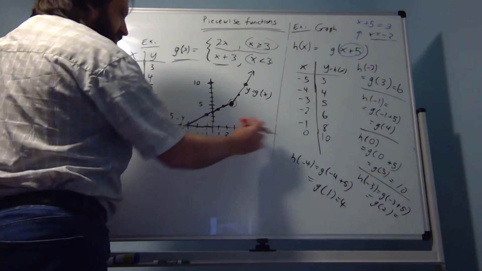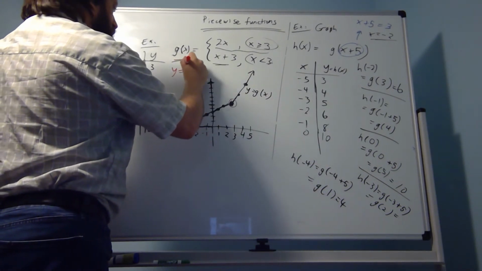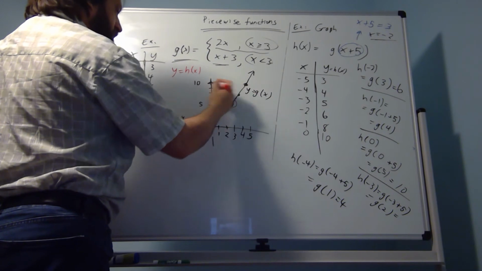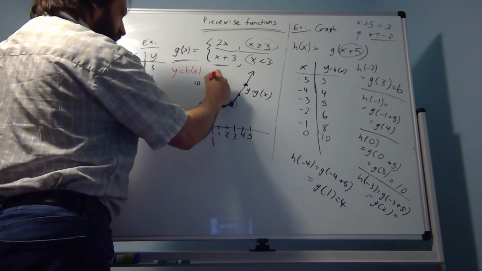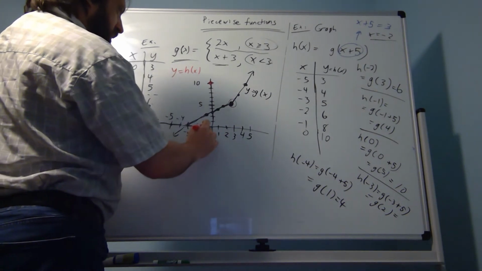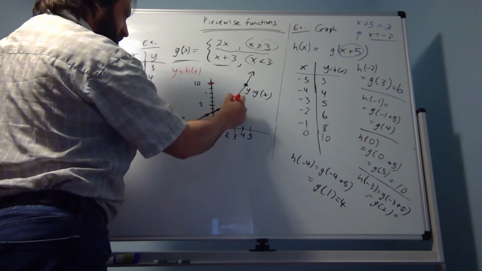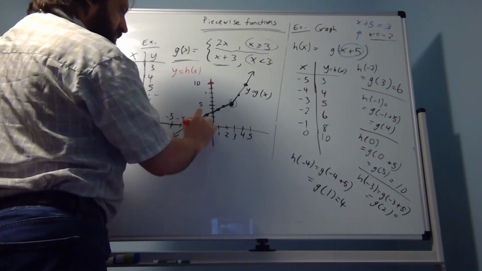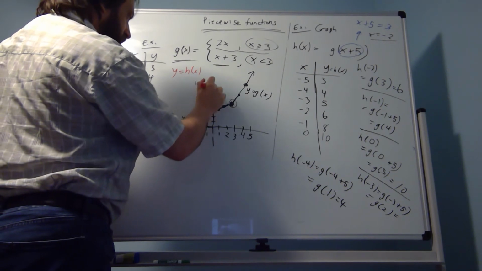So let's graph it. For this function, y equals h of x, everything's going to get moved over to the left. So we get 0, 10. We get -1, 8. So we're getting this slant down here. -2, we get positive 6.